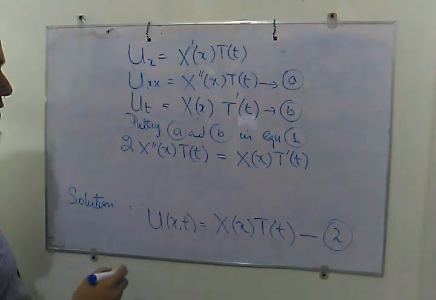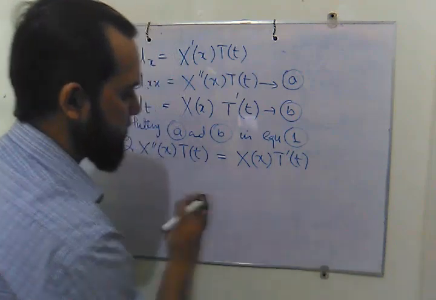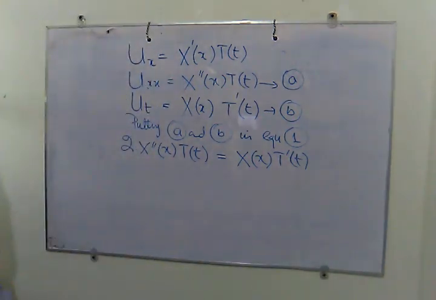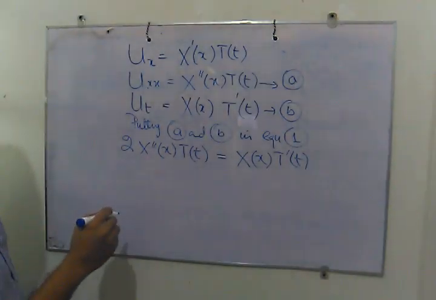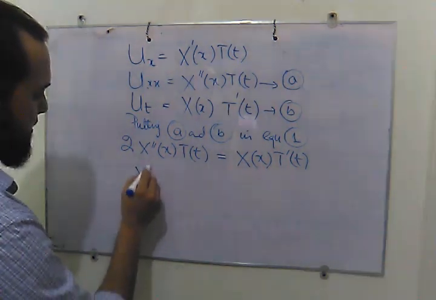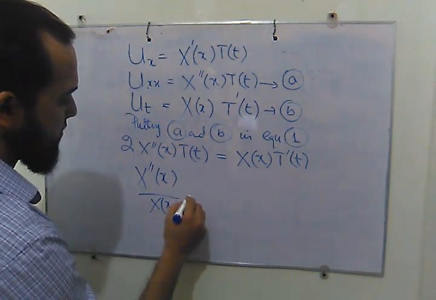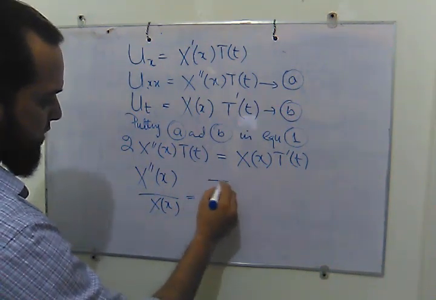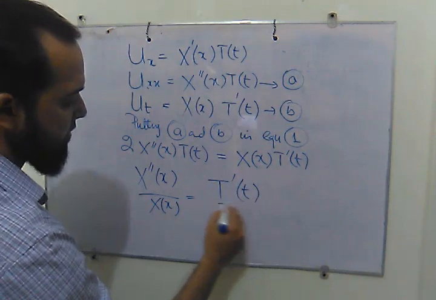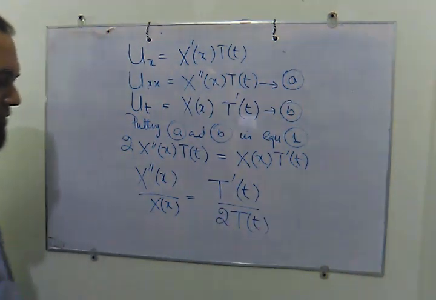Now we can separate the variables. Like X double prime of x, we take x on one side and t on the other side, and we always keep the constant with the t equation.